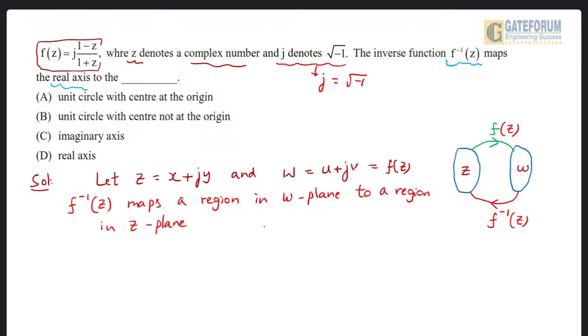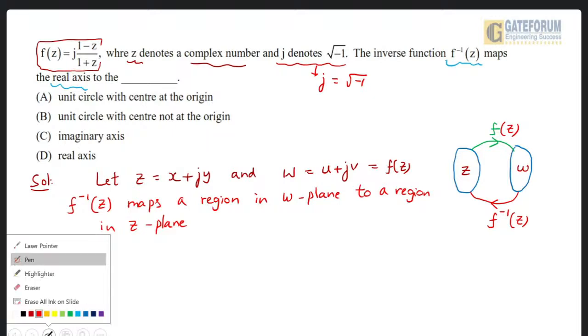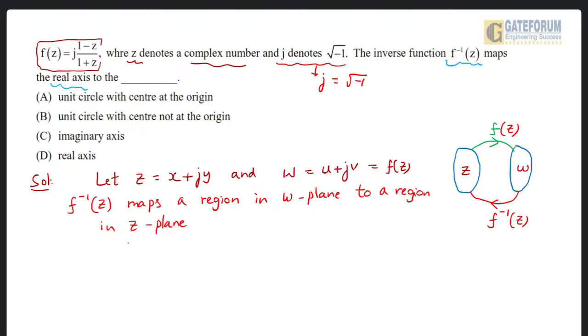F of Z maps a region in the Z plane to the W plane. Now, what exactly is given here? F of Z is equal to j times 1 minus Z divided by 1 plus Z. So substitute the above Z and W here.